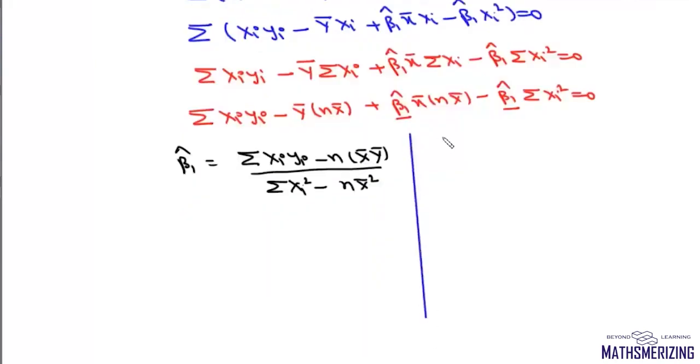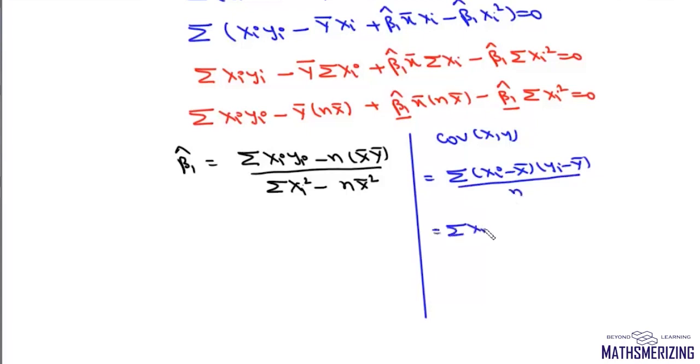Now if we recall, covariance of xy, covariance is given by this summation xi minus x bar into yi minus y bar whole divided by n. Now this is this summation xi yi minus x bar into summation yi minus y bar into summation xi, and then plus summation x bar y bar whole divided by n.